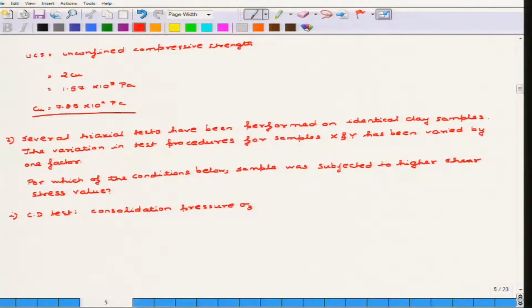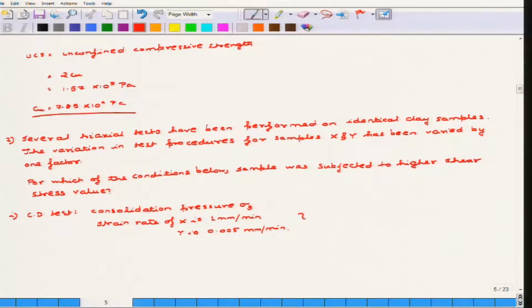Now our discussion about strain control test and stress control test has already been covered in the lecture slides, so I am not going to discuss all these things. The first thing is that here the strain rate of X is 1 millimeter per minute, while that of Y is 0.005 millimeter per minute.